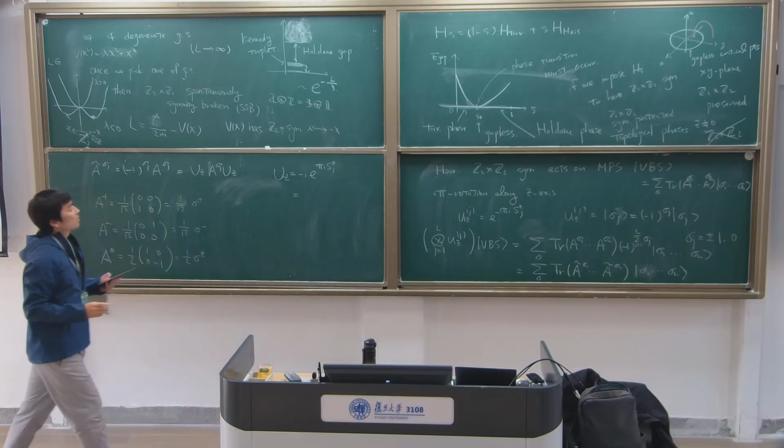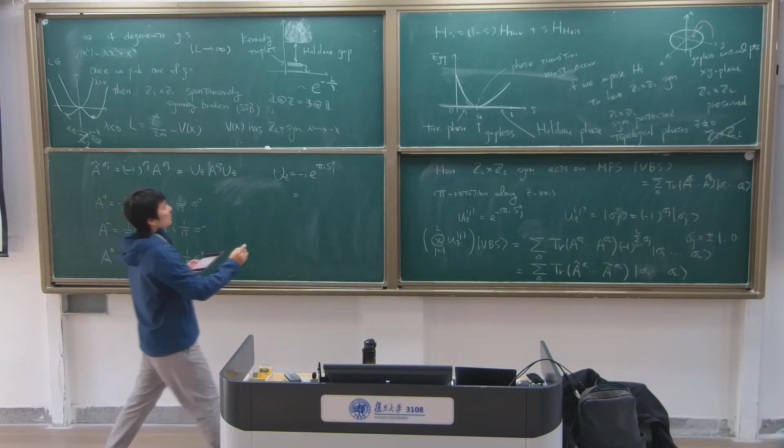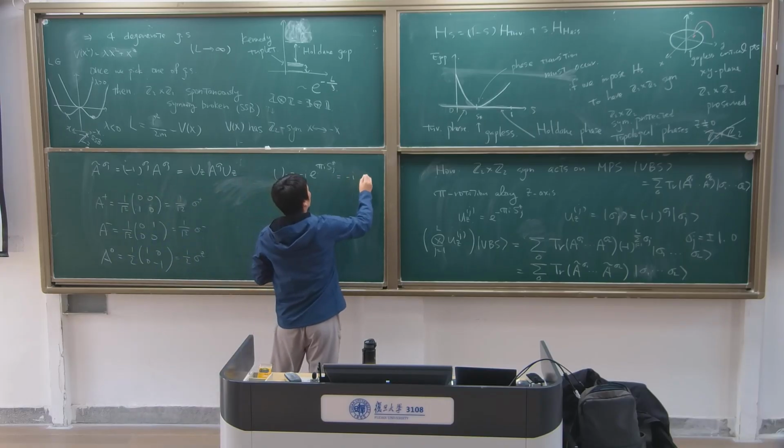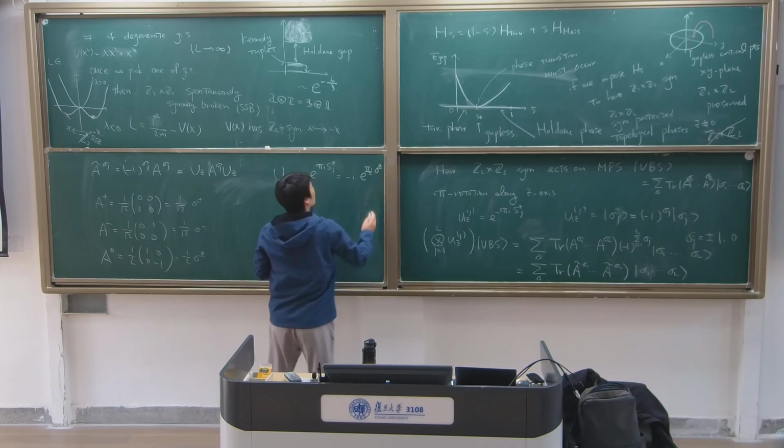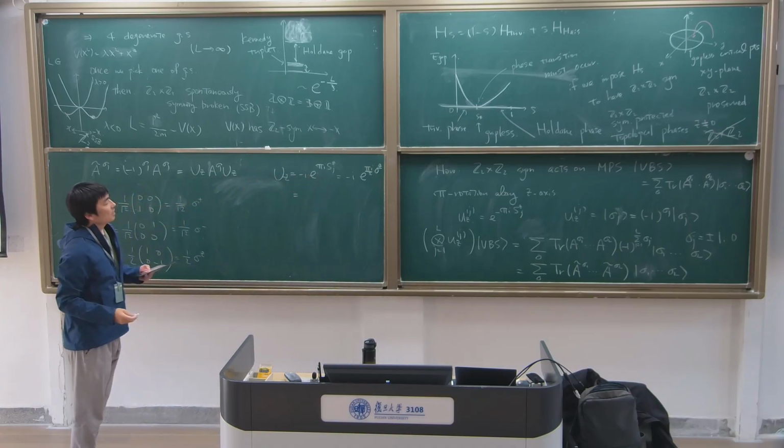I think this is correct. So this is in fact minus i e to the pi i over 2 sigma c.